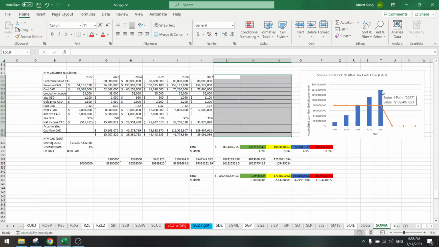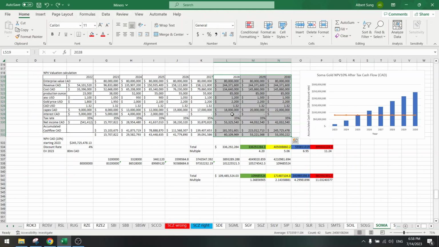Then the value of Soma Gold is only going to be 140 million. So a double, worth based on a 4% discount rate and current EV of 80 million. Of course, this is not going to happen. They are going to find more resources and we get a higher value currently.